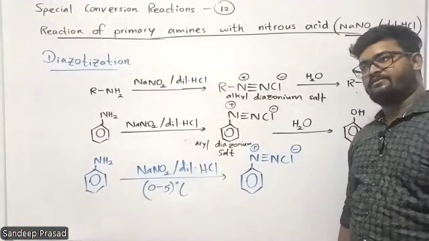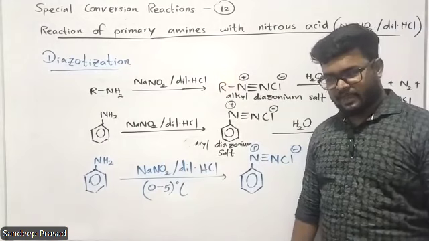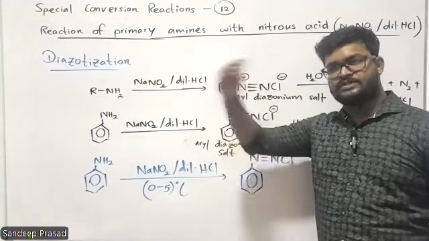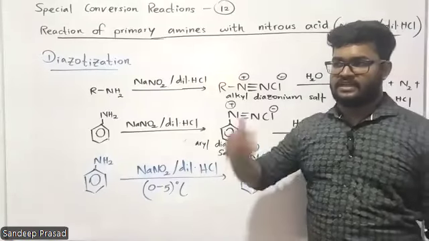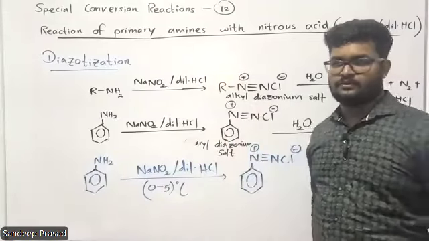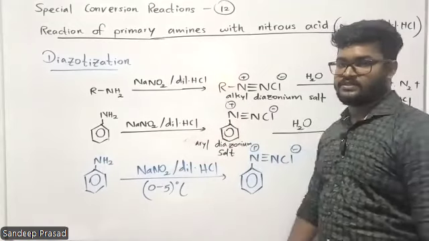This is similar to the addition of PCC to primary alcohols. Primary alcohols are oxidized into carboxylic acids in the presence of strong oxidizing agents like acidic KMnO4, acidic CrO3, acidic dichromate. Directly they go to the carboxylic acid stage.